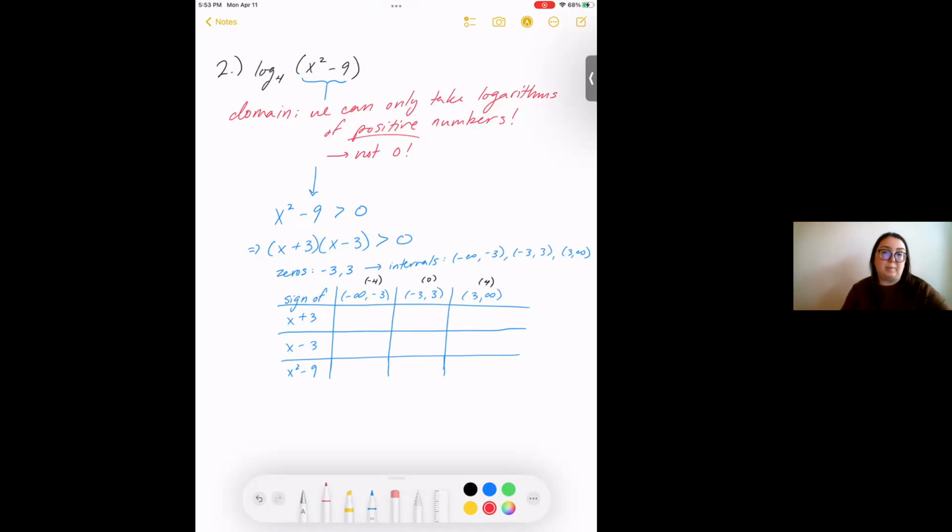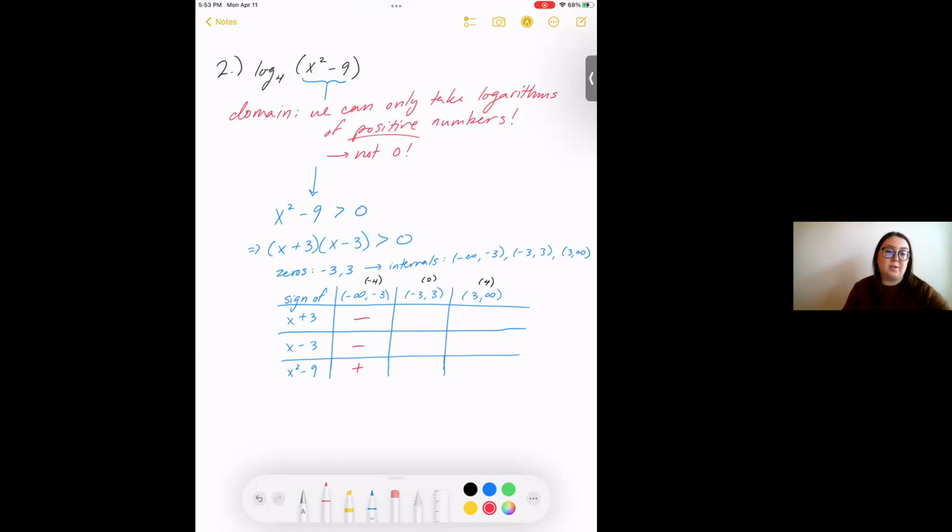We're going to fill in our boxes. So if we use the test point -4, if we say -4 plus 3, that's still a negative number. Then -4 minus 3, that's also going to be a negative number. So for x squared minus 9, we have a negative number times a negative number, which creates a positive number.